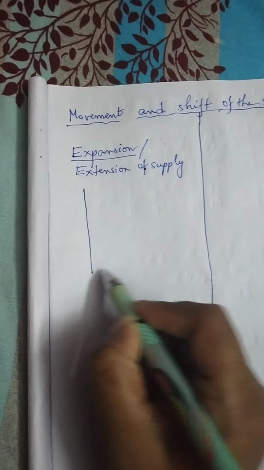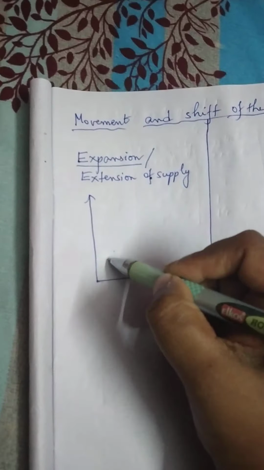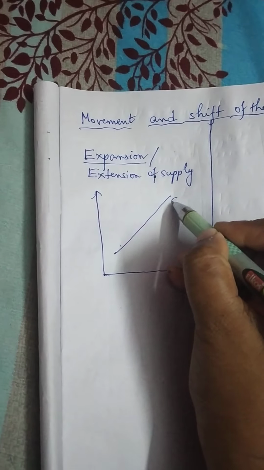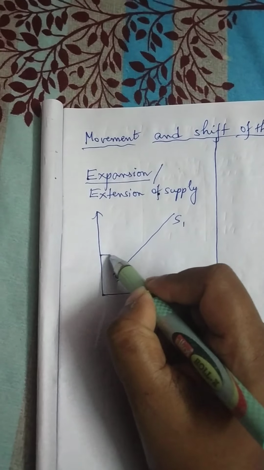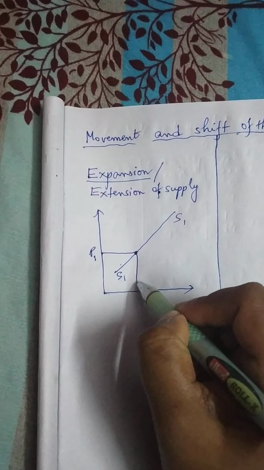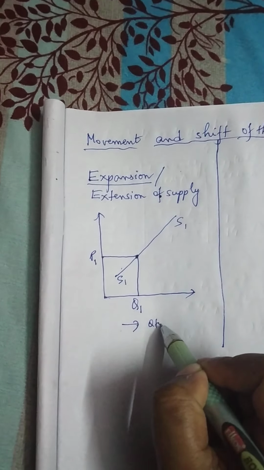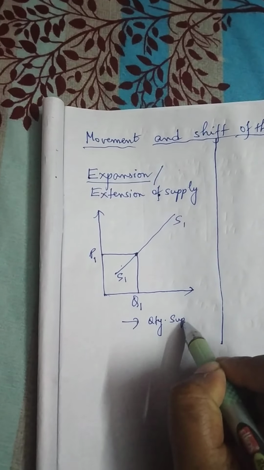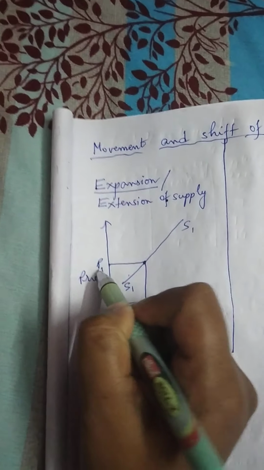Expansion of supply means, let me first show you the supply curve which is positively sloped. Suppose S1, S1. Suppose the initial point is A where price is P1 and quantity supplied is Q1. So here we are taking quantity supplied and here we are taking price.